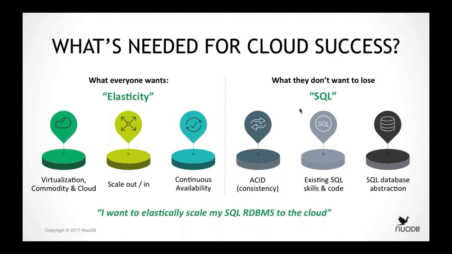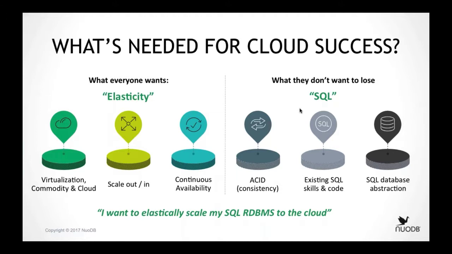But customers are also saying, I want this without incurring a huge overhead of migrating an application to another database architecture. For example, NoSQL databases provide a lot of these capabilities that we talk about in the elasticity category, but they do require a significant rewrite of the application.